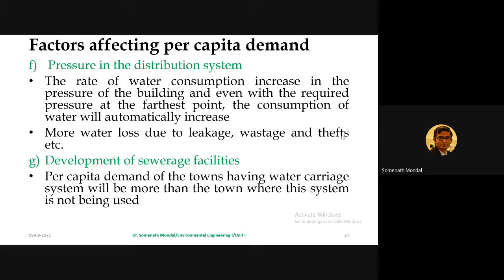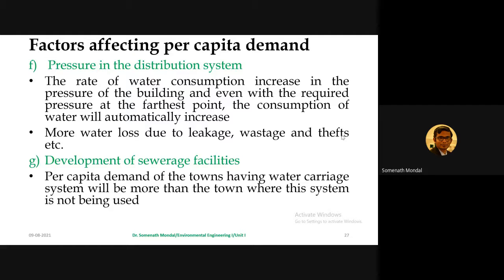Next is development of sewer facilities. So this is also one of the most important. If we have very sophisticated sewerage facilities, then the demand will also be more, because people are not bothered what to do with that wastewater.